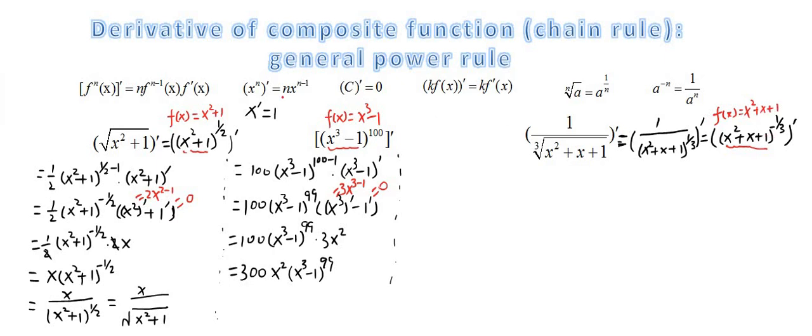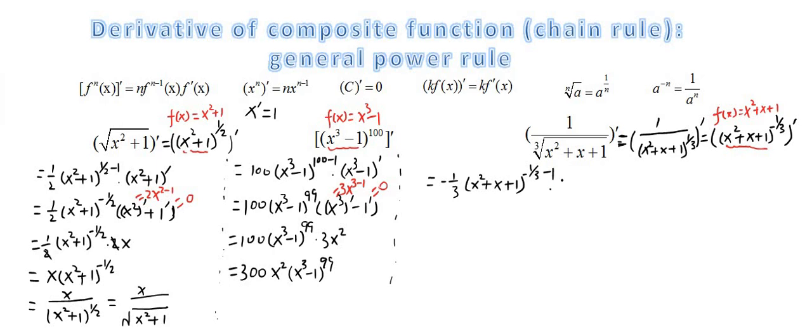And what is n? n is negative 1/3. Now we're gonna follow the general power rule. n is negative 1/3 times f(x), x squared plus x plus 1, to the power negative 1/3 minus 1, and times the derivative of f(x).